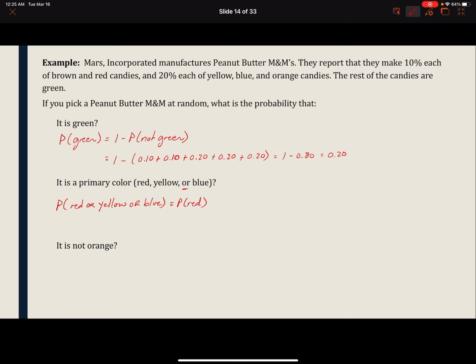I'll add the probability of red to the probability of yellow to the probability of blue. And we don't have to subtract off any intersections since these are mutually exclusive events. The probability that it's red is 10%, yellow is 20%, and blue is 20%. So this will total 0.50.